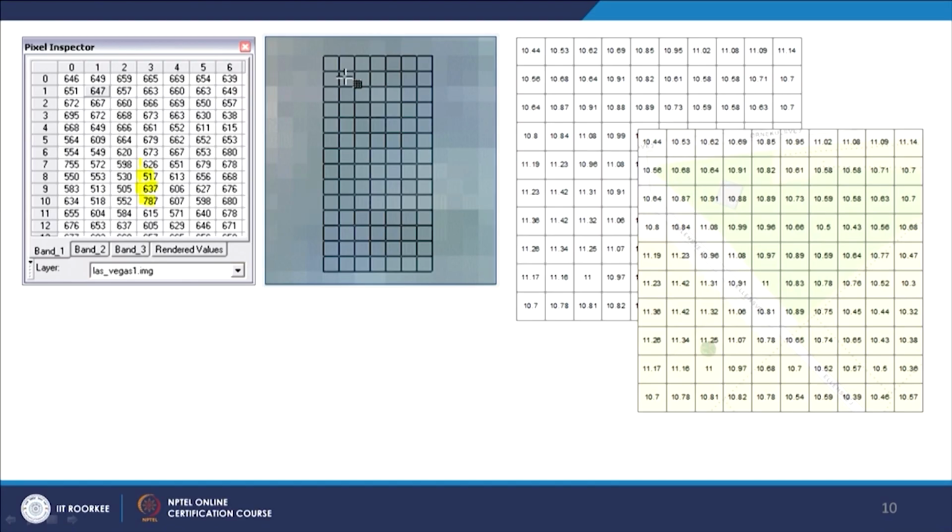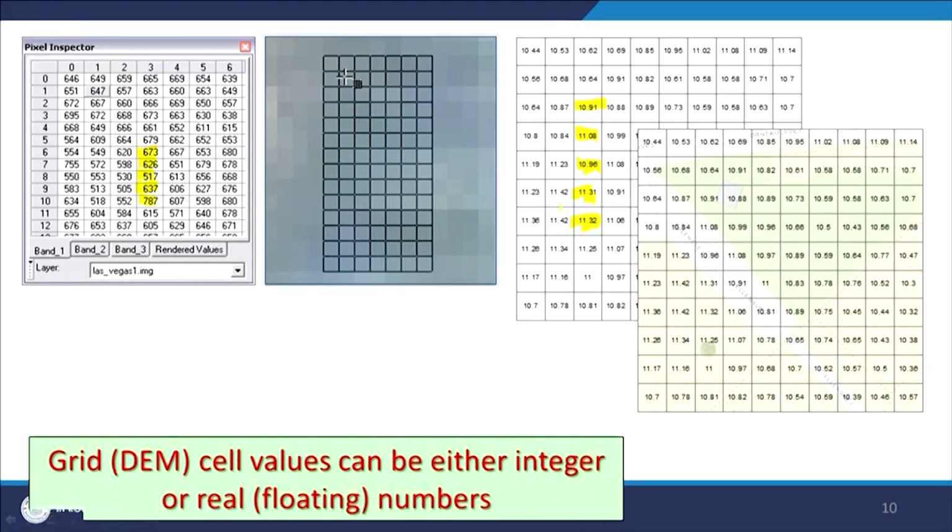So, the pixel values are in integer form, no decimals, but this is about the grid or a digital elevation model, and therefore, the values are also in real numbers, with precision up to 2 places after the decimal. Likewise, both are raster, but there is a difference between the cell values.